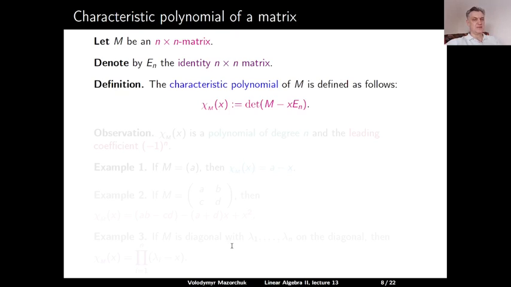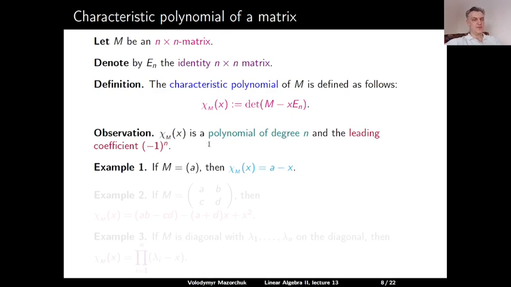It is denoted by chi sub M of x, and it is defined as the determinant of the matrix M minus x times En. Observe that, by definition, chi sub M of x is a polynomial of degree n, with the leading coefficient minus 1 to the power n. n is the size of the matrix.